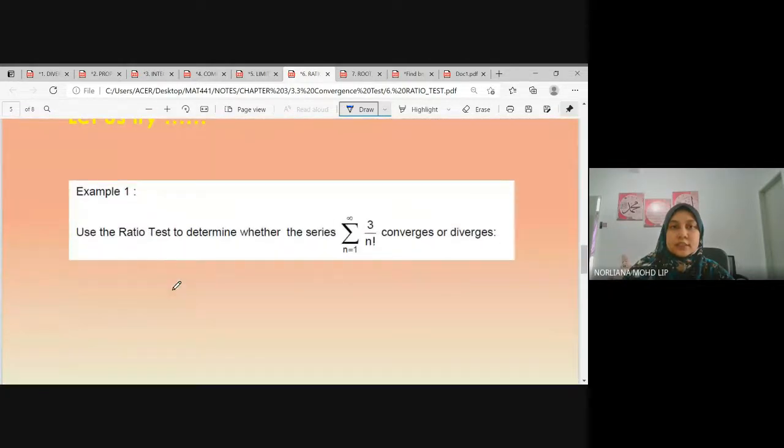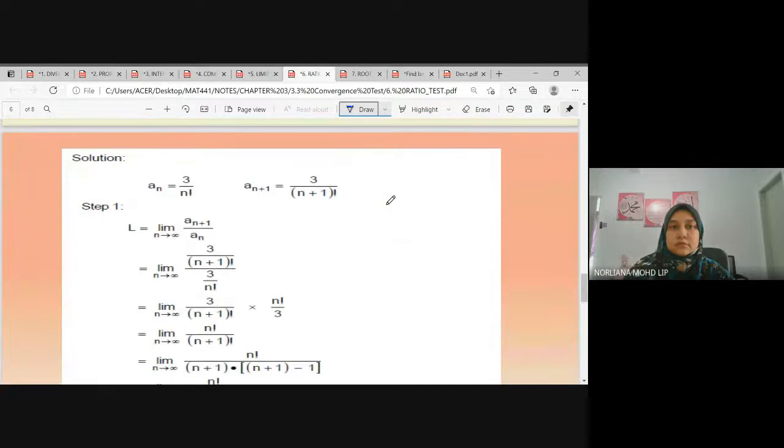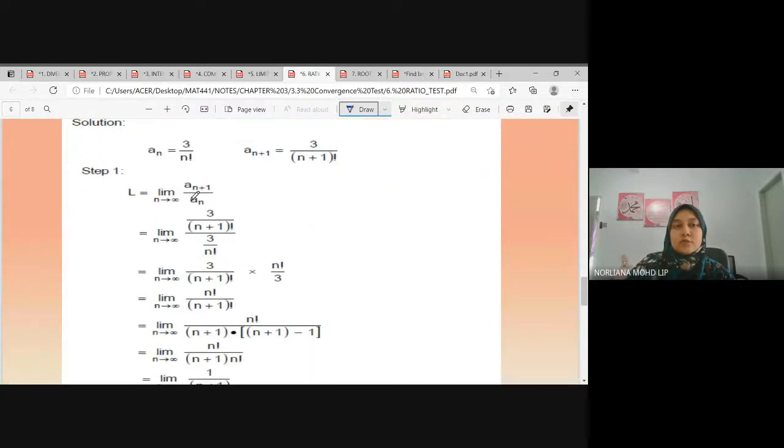So kita try satu ratio test for an equal to 3 over n factorial. Okay, first step you have to find the limit L. An plus 1. So kena, okay, ni daripada soalan an. So kena buat an plus 1 lah.